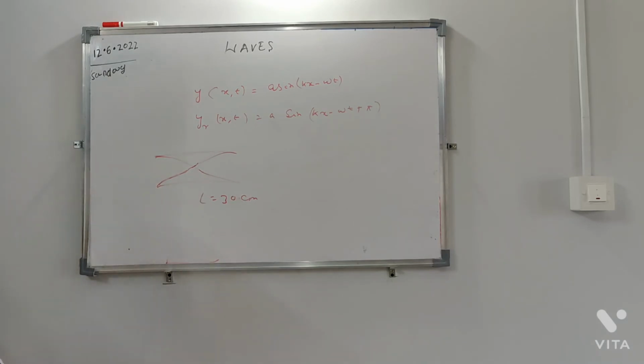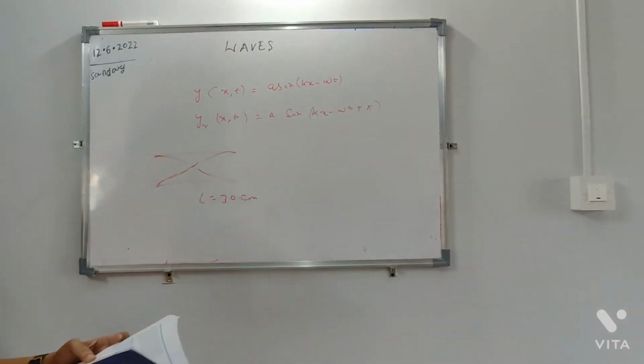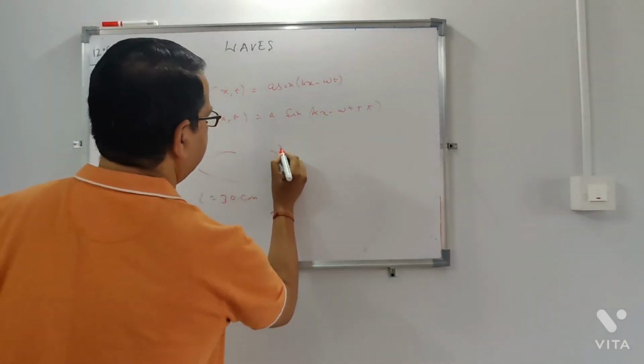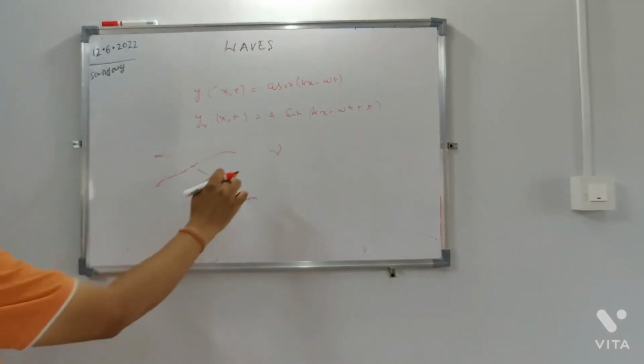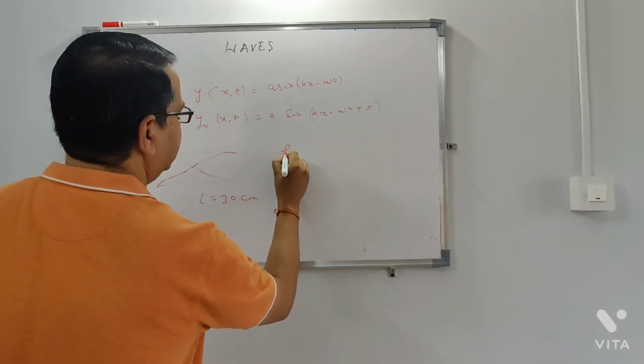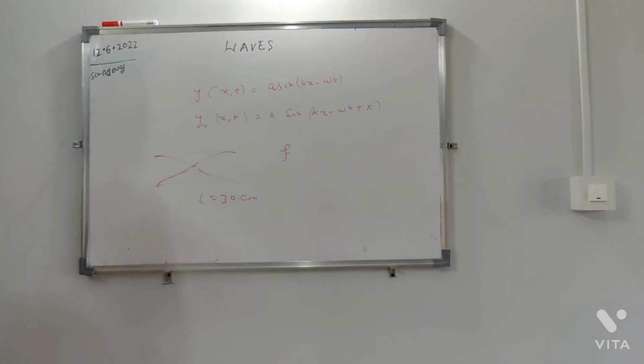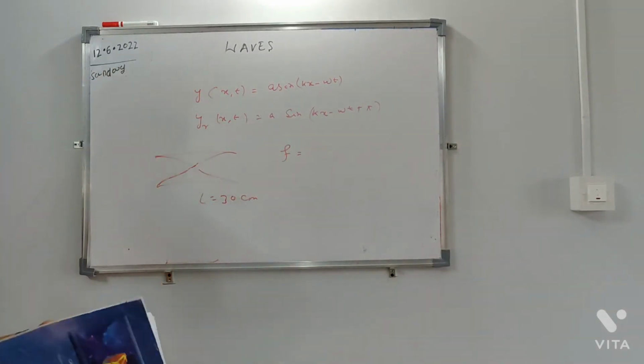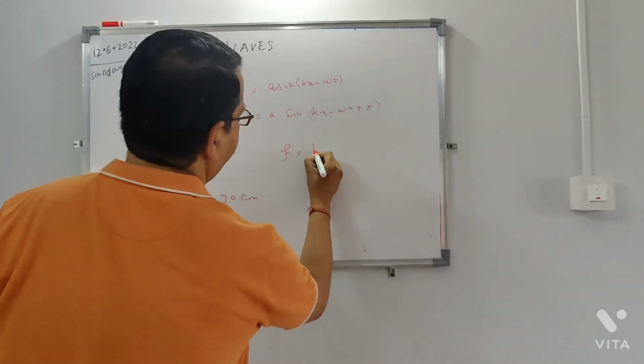So the first harmonic frequency is nothing but V by 2L in this case. This nu you can write as frequency. So first harmonic frequency is equal to V by 2L.